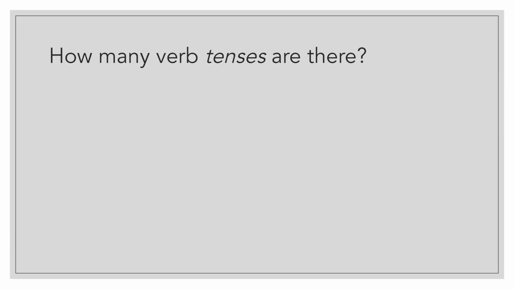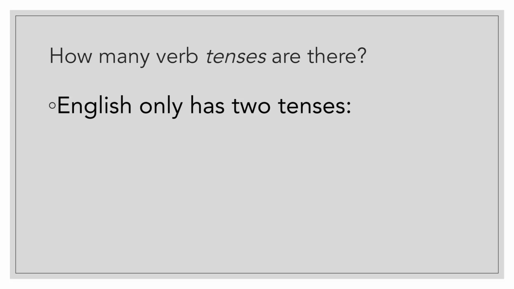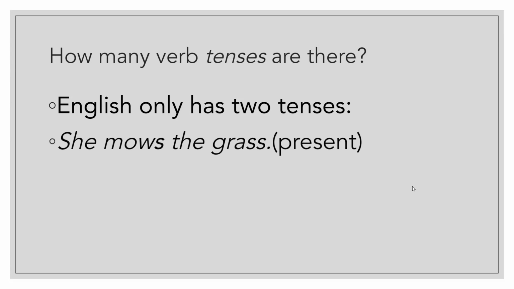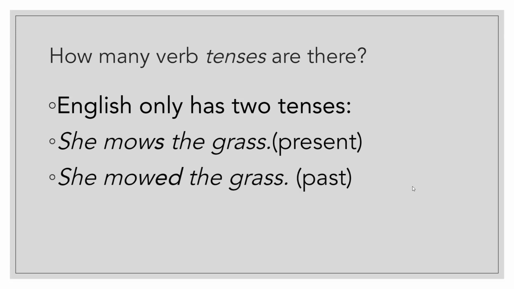How many verb tenses are there? Again, most websites will tell you 12, but in fact, English only has 2 tenses, if we are being very strict and narrow with our definition of tense, meaning time information. We have present, we have past. There is no way that I can change that verb mow to give a sense of future.